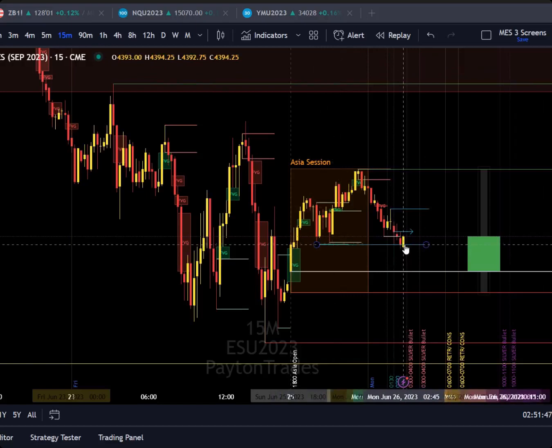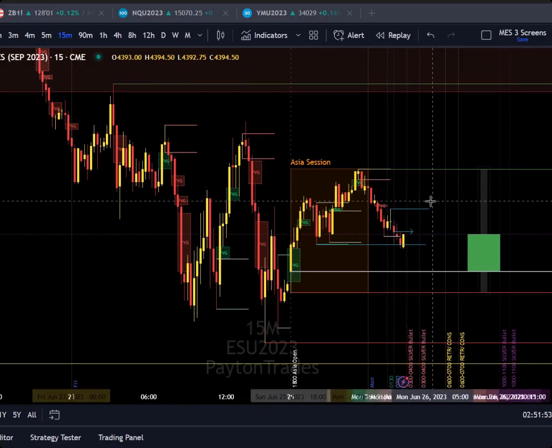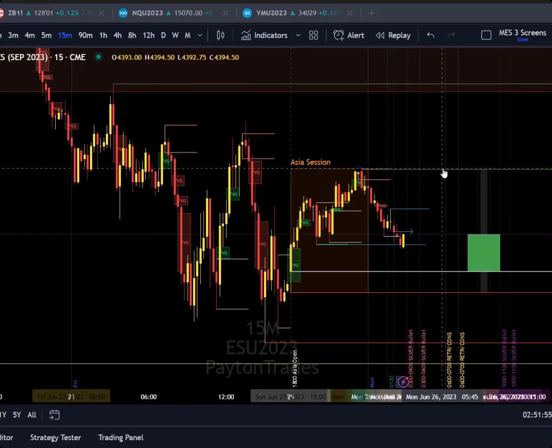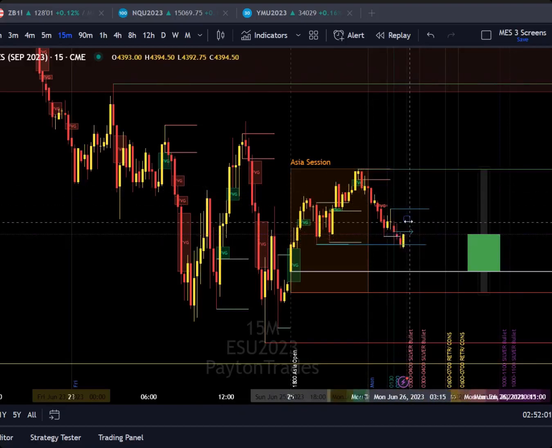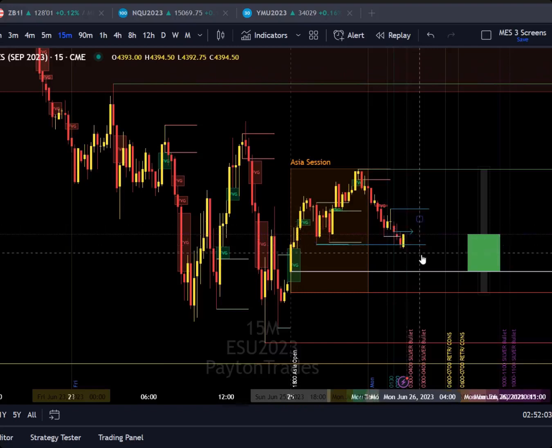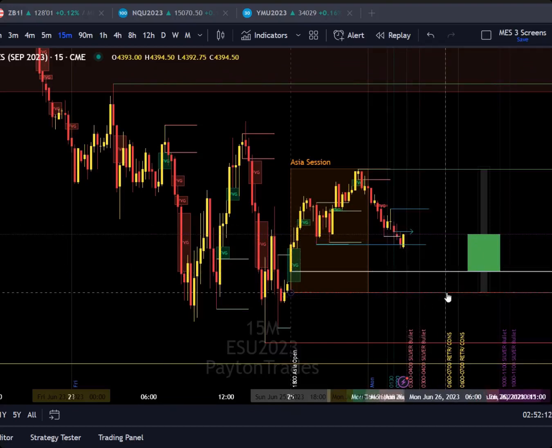If price continues higher, takes out the short-term high, shows it wants to go higher, then I'll watch to see how it relates to Asia high. If price goes up, comes back down, continues to break lows, then I will watch to see how it relates to the weak opening gap and the Asia low.